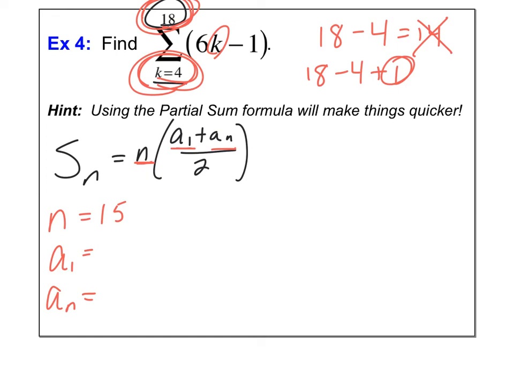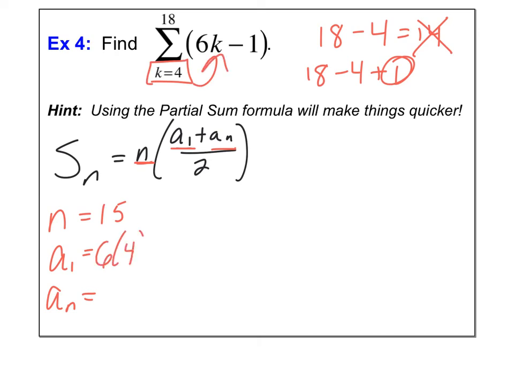We know that there are 15 terms in this sequence, or the ones that we are adding at least. So we look back into the original equation, and we say, all right, we need a sub 1. We'll plug in 4 for k. So 6 times 4 minus 1 represents the first term in the series. 24 minus 1, so we will substitute 23 in for a sub 1.